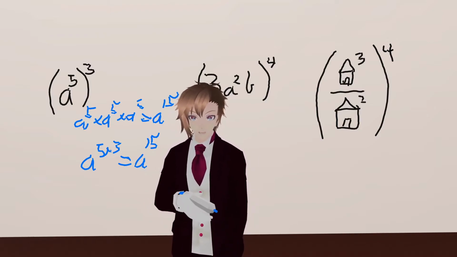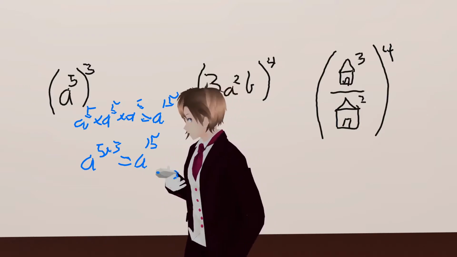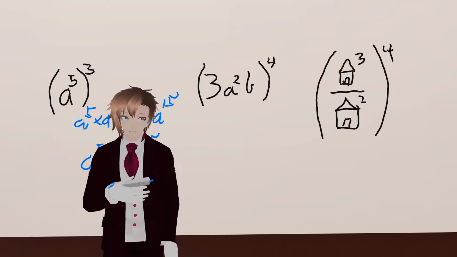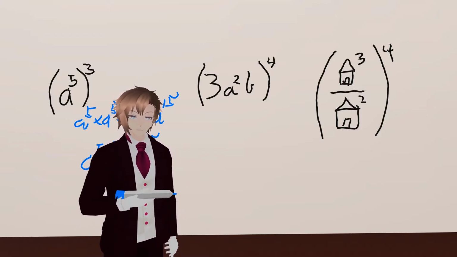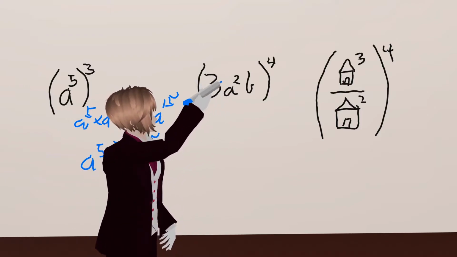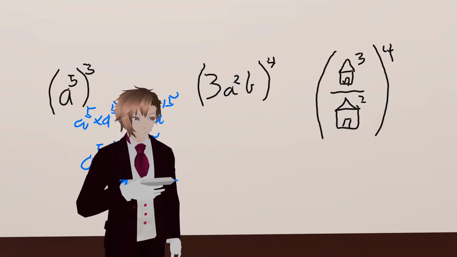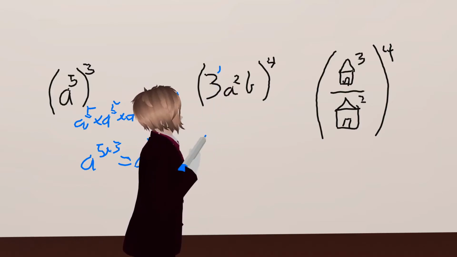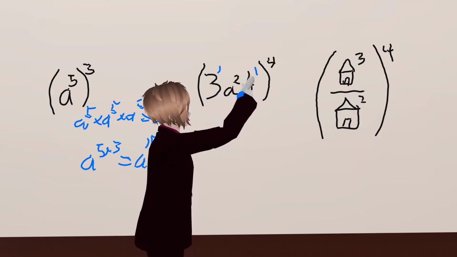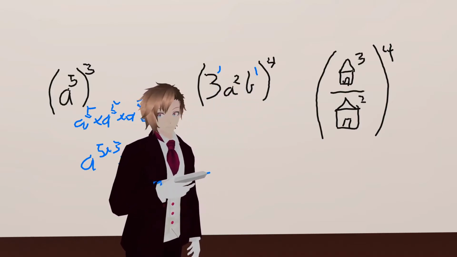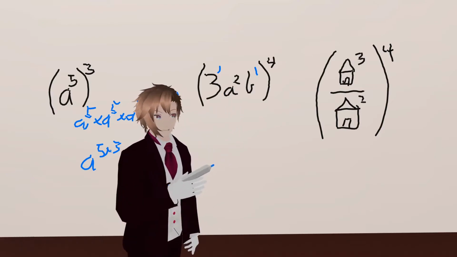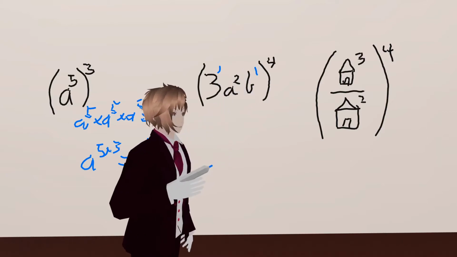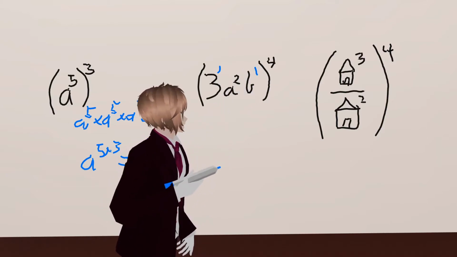Now let's look at the second one behind me. Now this one, we have multiple things in the bracket. So what we're going to do is we're going to use the power on each of our variables. So this here is 3 to the power of 1, and this here is b to the power of 1. So what we're going to do is we're going to times the powers together with the power out the front.